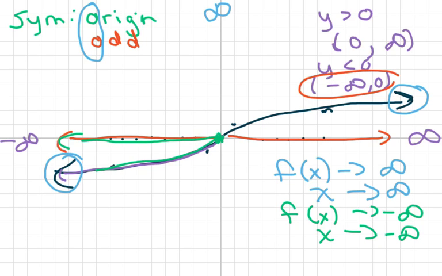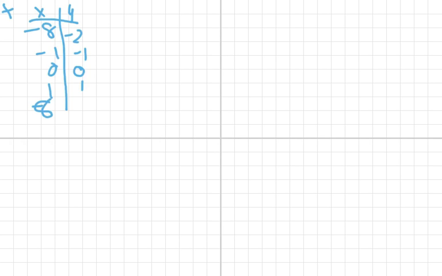Okay. We have to find the inverse. To find the inverse, all we're going to do is, let me go ahead and write my f function. We went -8 to -2, -1 to -1, 0 to 0, 1 to 1, 8 goes to 2. So, to do the inverse, you just switch the x and the y.